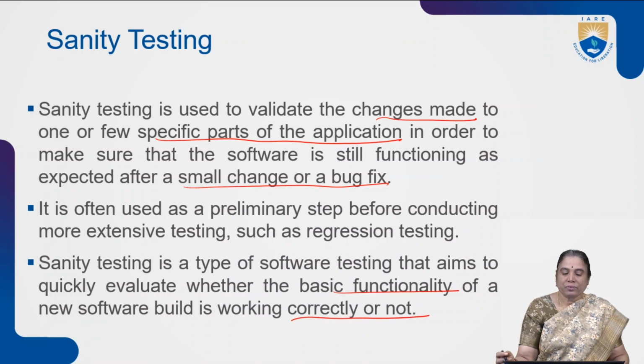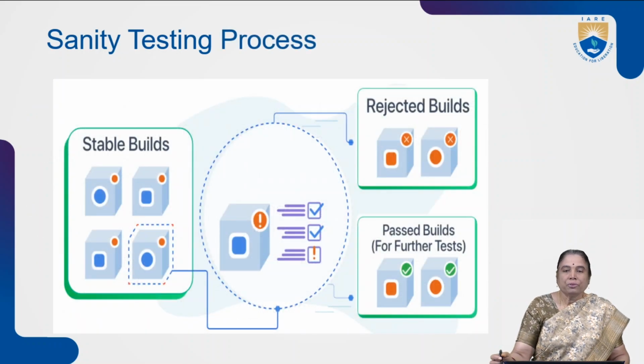After sanity testing, the exhaustive testing procedure is done on the builds. In the sanity testing process, the stable builds must undergo sanity testing, and if they pass this testing, then they are considered for exhaustive testing such as system testing, integration testing, and performance testing.